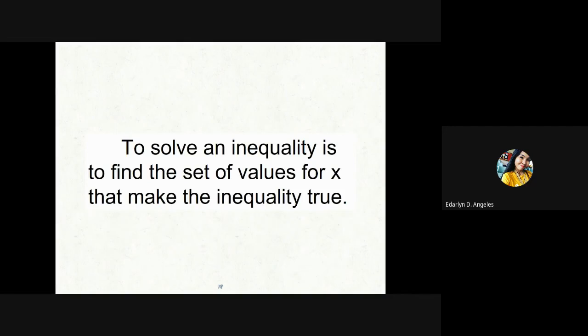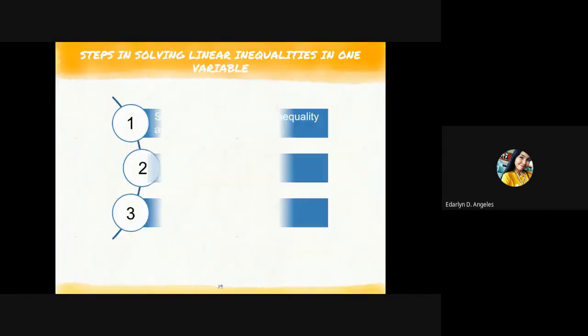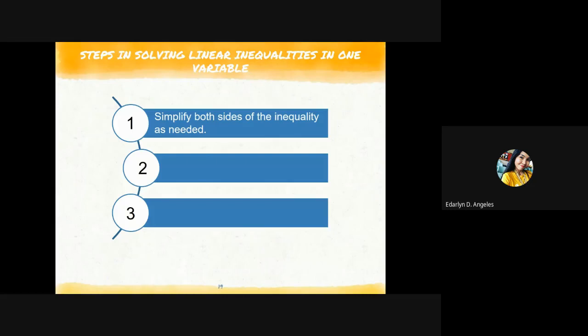Solving a linear inequality in one variable is almost similar to solving linear equations, following the different properties of inequalities. Only that a linear inequality may have more than one solution, unlike a linear equation in one variable. So let's now have the steps in solving linear inequalities in one variable.